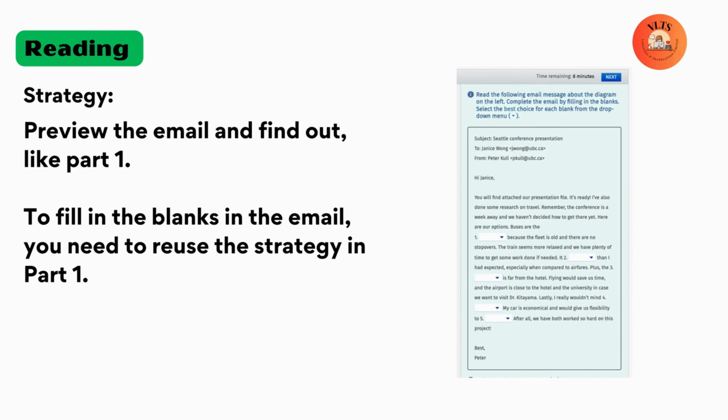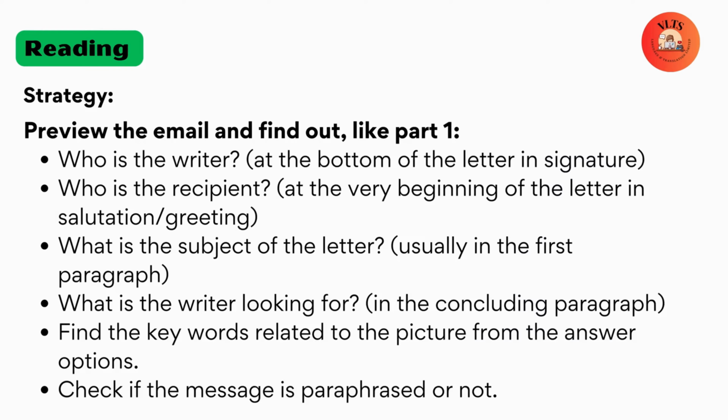But here, regarding the email or strategy that we used before in part 1, you need to know the answers to 5 questions: who the writer is, who the recipient or the receiver is, what is the subject of the email, what is the writer looking for, and what is the tone of the email. And you know the answer to these questions regarding what we said for part 1.